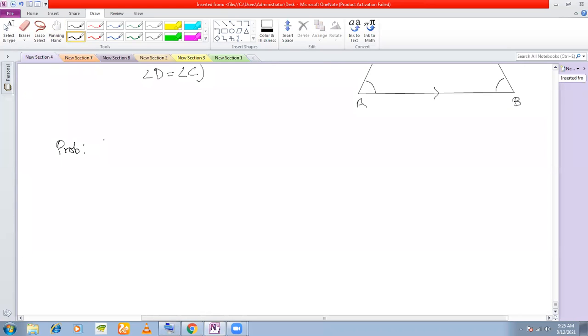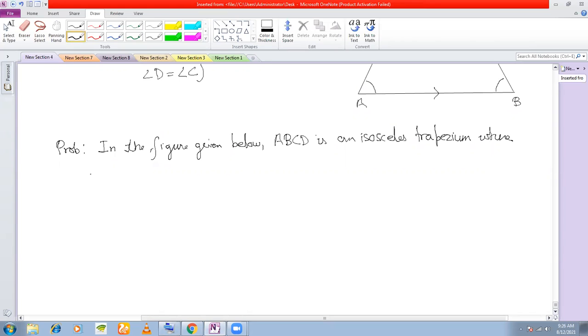Question is, in the figure given below, ABCD is an isosceles trapezium where angle C is equal to 102 degree.